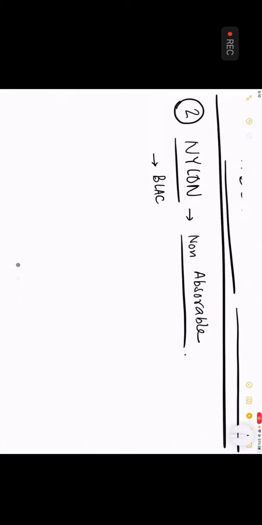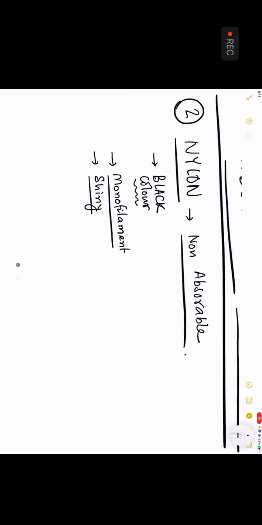It is jet black in color, like the word that I am writing. It is monofilament. Number 3, it is shiny. So black, shiny, monofilament completes the list.